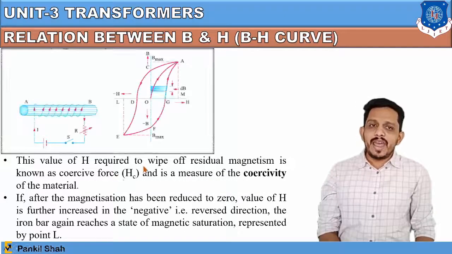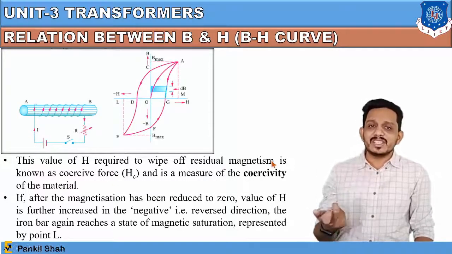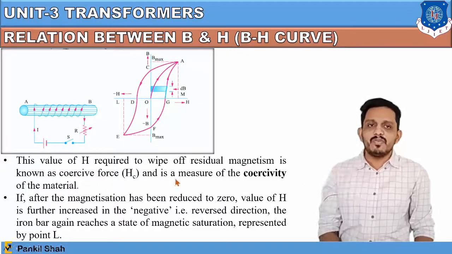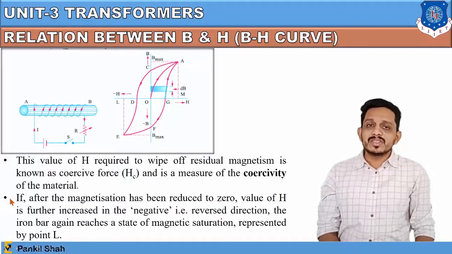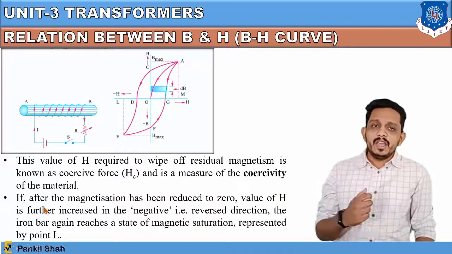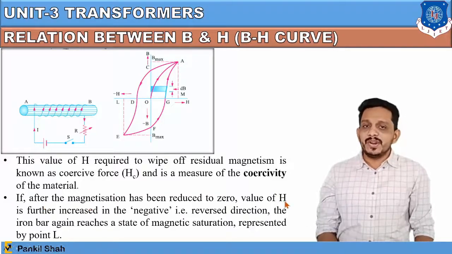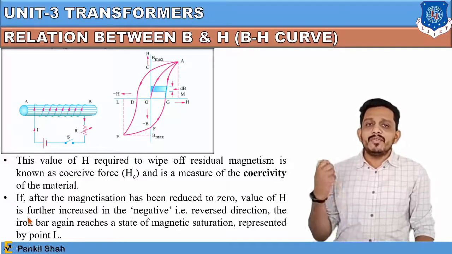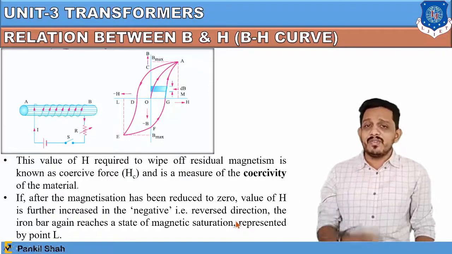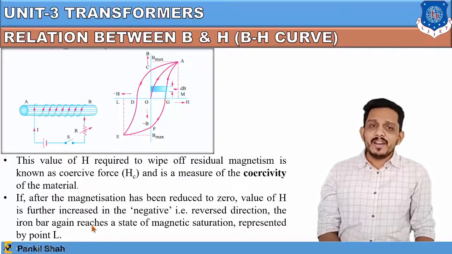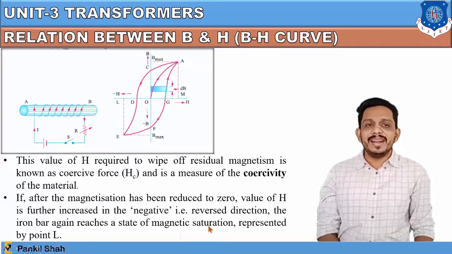So the value of H required to wipe out the residual magnetism is known as the coercive force, the measure of coercivity of the material. If after the magnetism has been reduced to 0, the value of H is further increased in the negative or reverse direction, the iron bar again reaches a state of magnetic saturation represented by this point N.